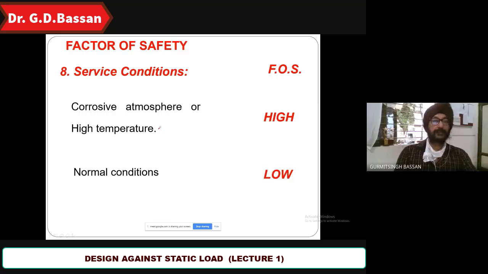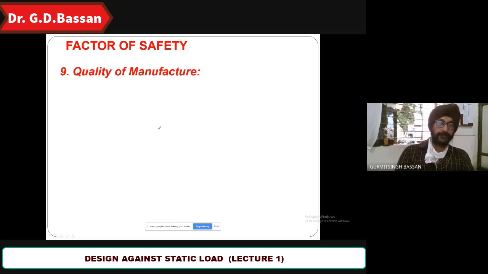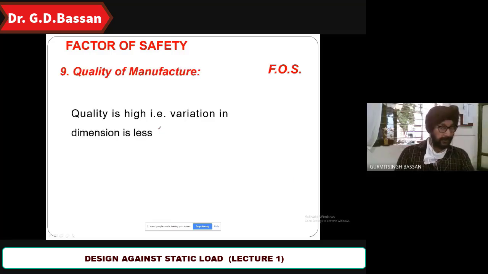Then the quality of manufacture. If the quality is high, if you are very precise in the manufacturing, you must have learned in metrology also. You know about the star rating: 3-star, 2-star, and 1-star. That will give you the surface finish or the quality of the particular item.